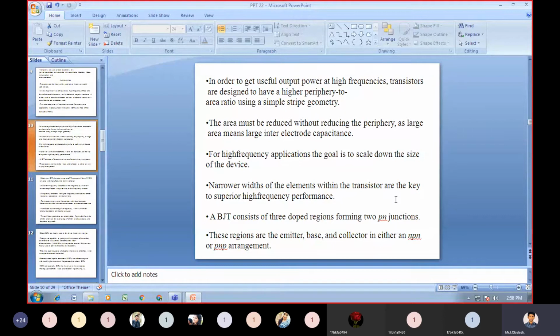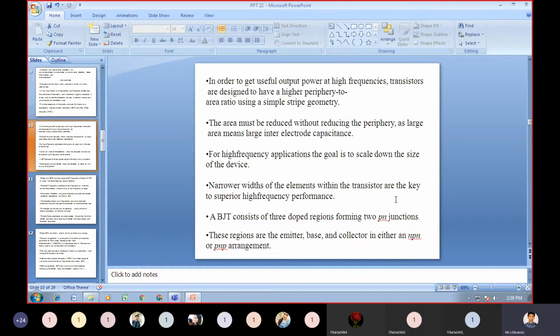A BJT consists of three doped regions forming two p-n junctions. You need to remember, a BJT consists of three doped regions forming two p-n junctions.